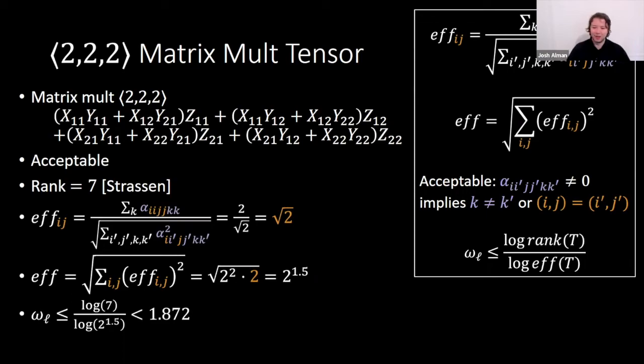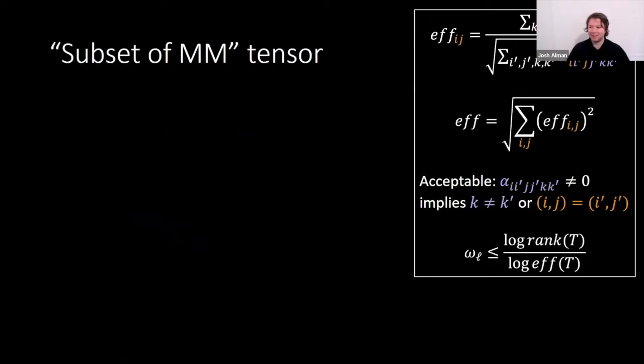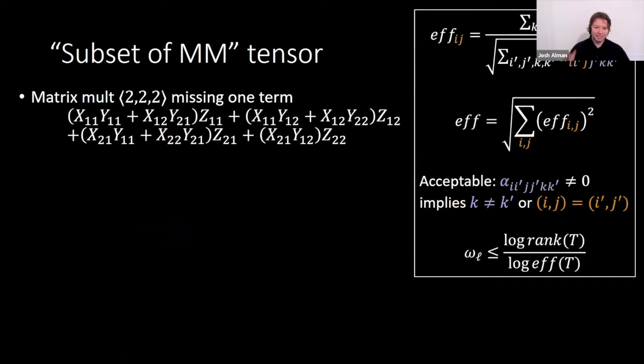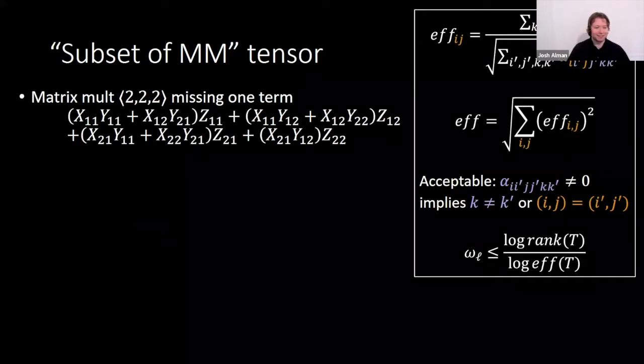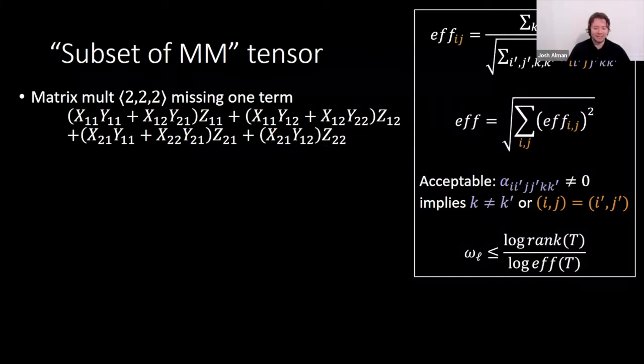Okay, so let me start with one tensor, which is already able to beat this, which I call a subset of the matrix multiplication tensor. So here is a tensor which consists of 7 out of the 8 terms of 2 by 2 matrix multiplication. I've just removed the term x22, y22, z22. So this is still acceptable. Setting one of the coefficients to 0 does not change that it's acceptable.